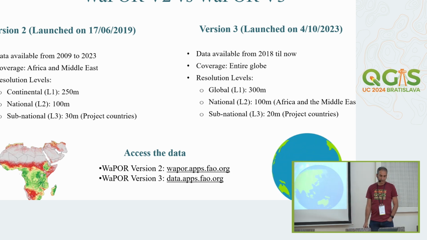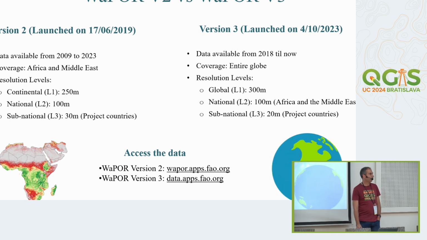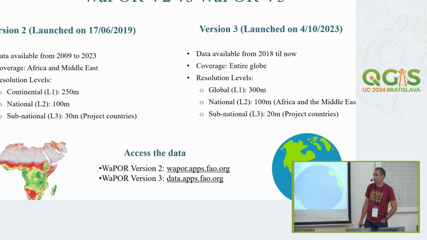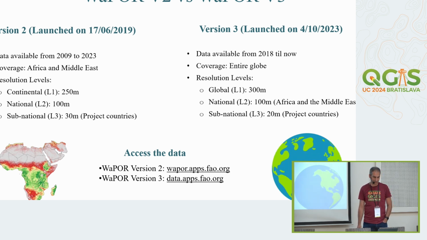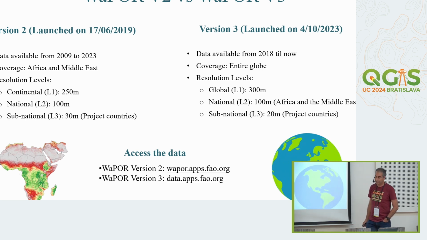There's a national data set still available for Africa and the Middle East, and subnational 20 meters for certain project countries. And you can generate that data also yourself with FAO WaPOR, which is open source, but we are currently training people to use it. But I guess soon you will have access to tutorials on how to use that and apply it to your own study area to generate the 20-meter data using Python.